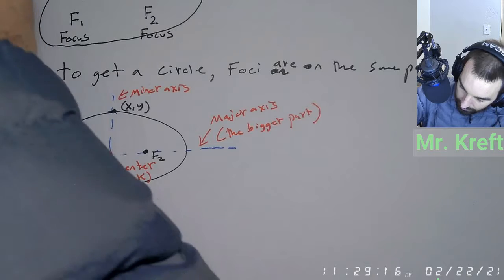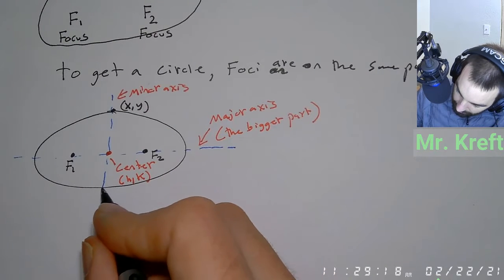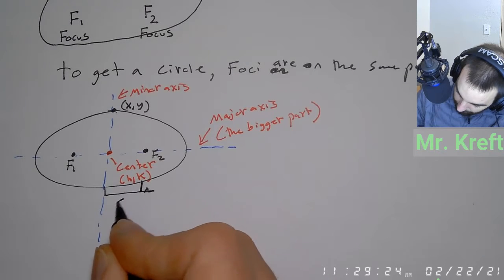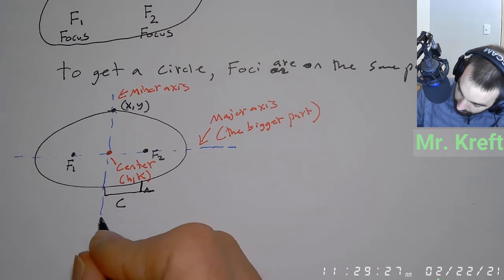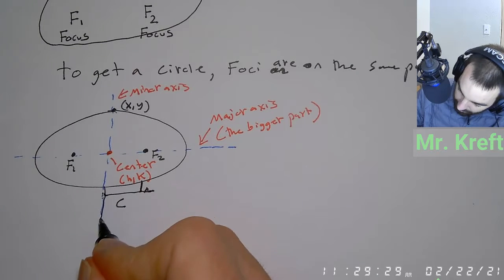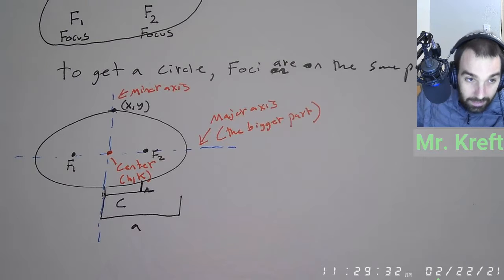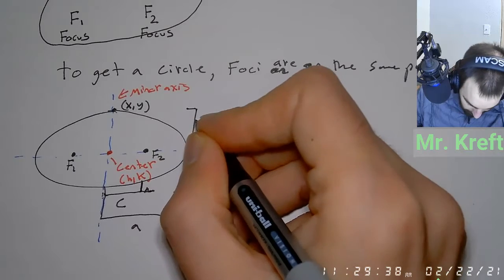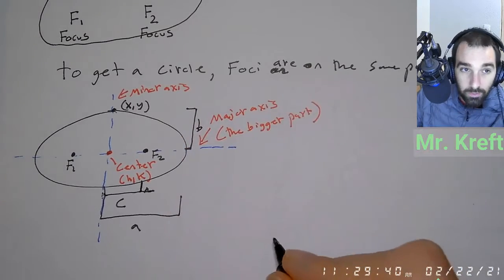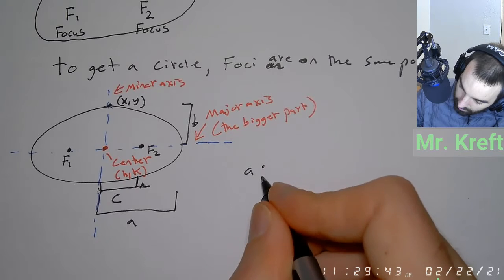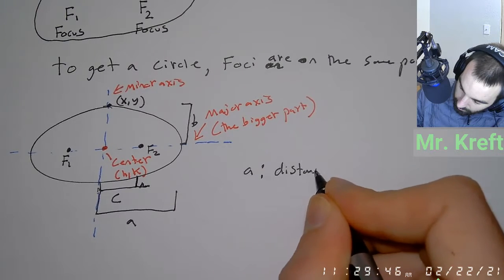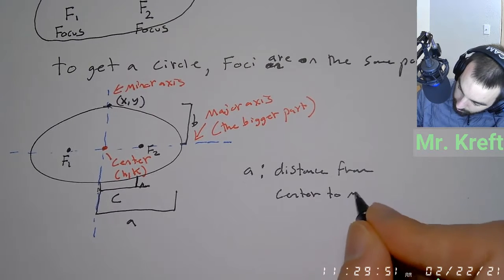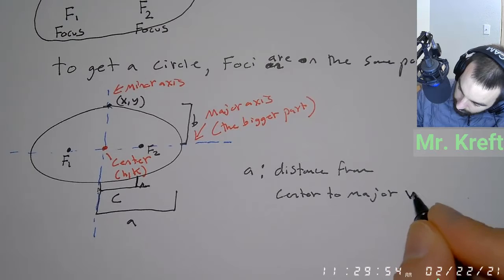Okay, so the distance between the center and your focus, we call that C. The distance from the center to your major is A, and the distance from your center to your minor is called B. And I'll write these all out. So A is the distance from center to major vertice.